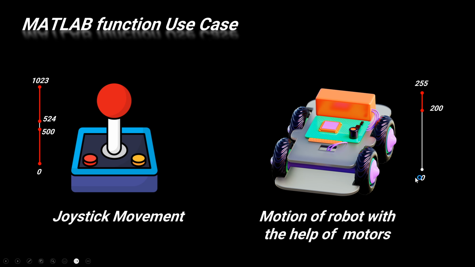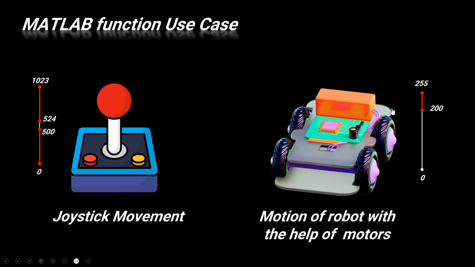This control can be done with the help of a pulse signal. If the pulse signal is zero, your motor will stand still. Whenever the pulse signal is 255, your motors will run at very high speed, the top speed.